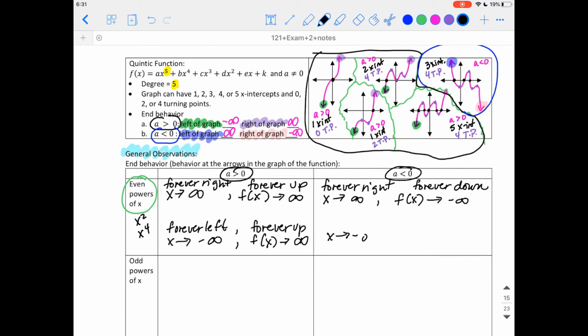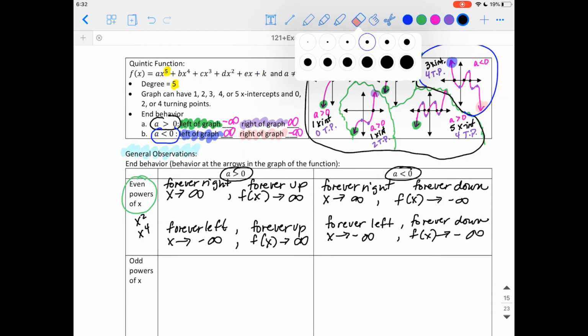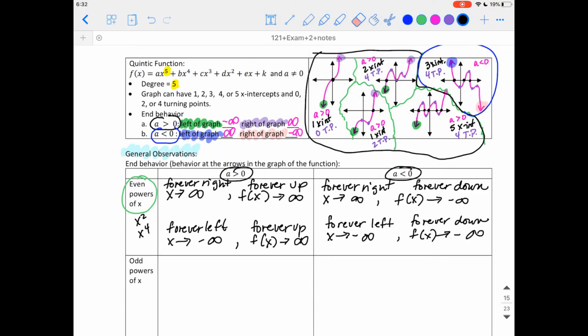And then as x heads towards negative infinity, which means forever to the left, then our y values are headed forever down. These are separate.